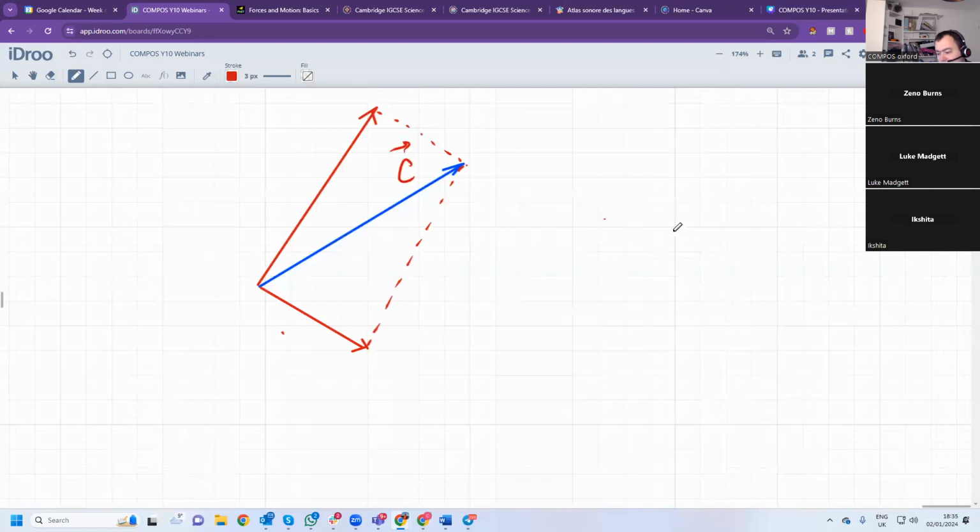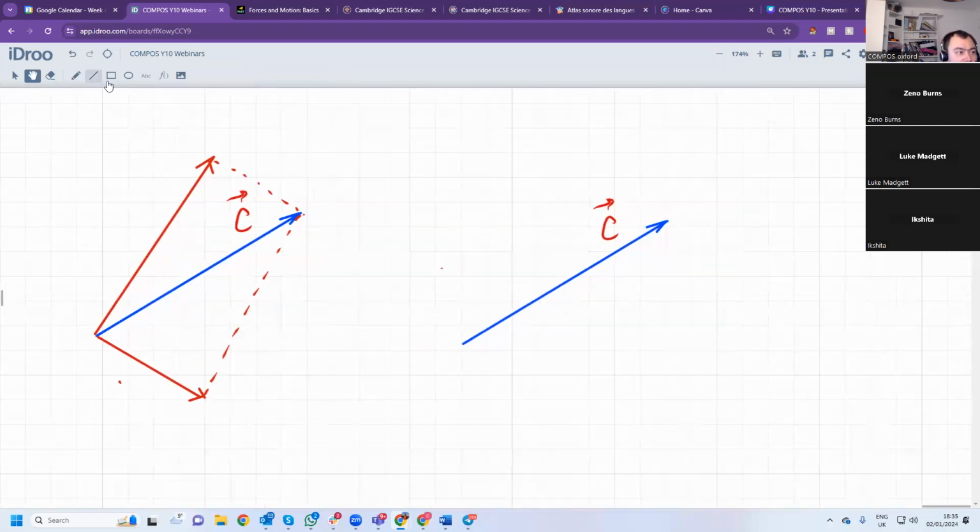And these vectors don't even have to be perpendicular. You can have this vector and this vector.